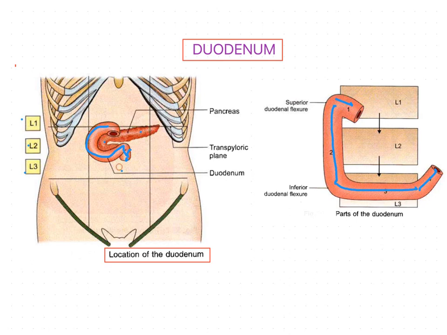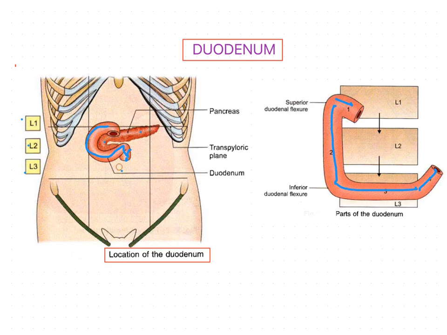Now we will see the peritoneal relations. Mostly the duodenum is retroperitoneal, which means it is present behind the peritoneum, and it is fixed except at its two ends, where it is suspended by folds of peritoneum, and therefore it is mobile.